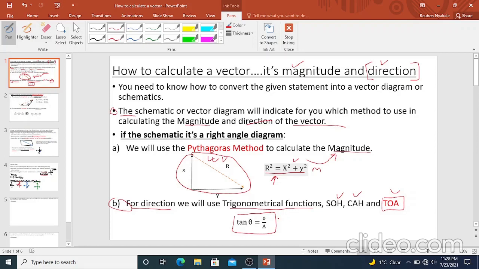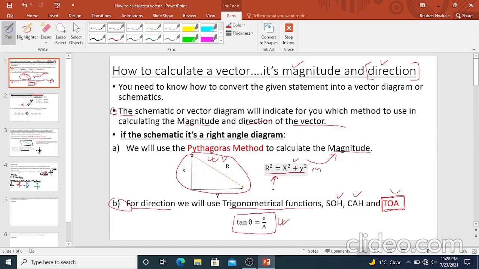You will use the Pythagoras for magnitude, then you will use the trigonometrical function for direction. We will use tan to determine direction instead of sine and cos.